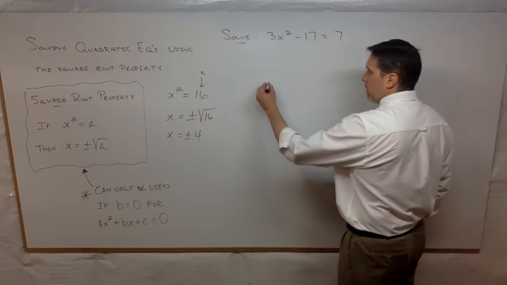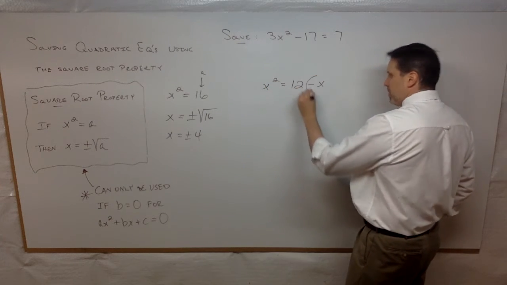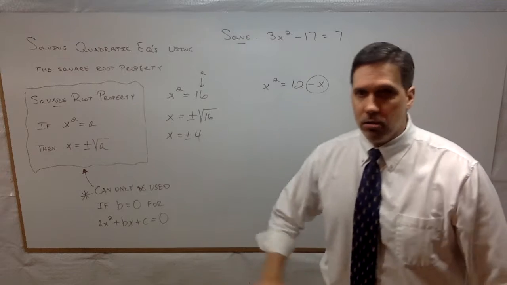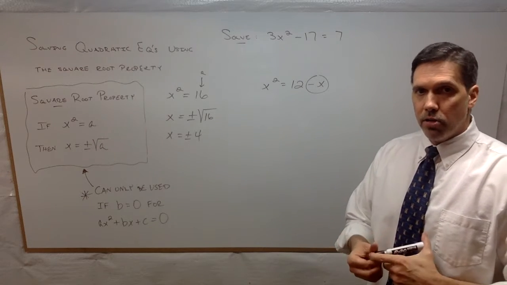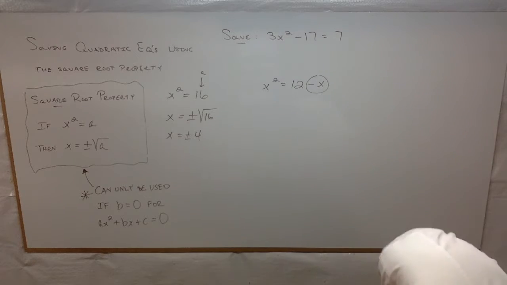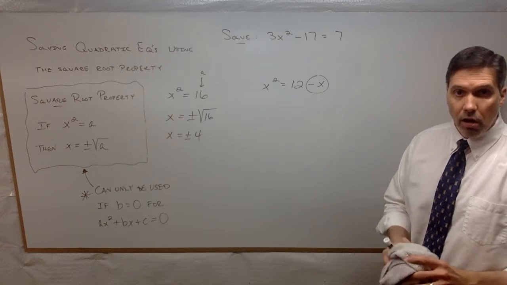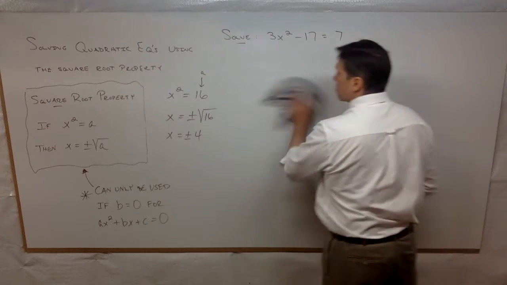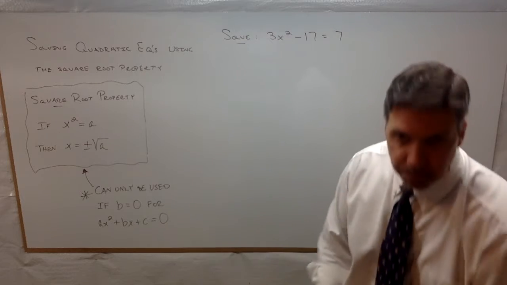However, if you have something like we had in the last one, x squared equals 12 minus x, because of that x to the first, you can't use the square root property. Right? So it's for specialized quadratic equations, but when you can recognize when we can use this, it's a huge time saver because they solve pretty easily. Now, there is still a step-by-step process, but it's not difficult to get your solution.